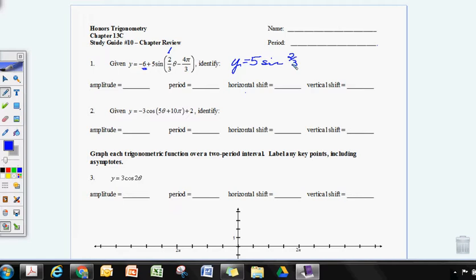When I pull the 2/3 out, the theta gets by itself, and the 4 pi over 3 is divided by 2/3, or we learned that you could multiply it by 3/2.